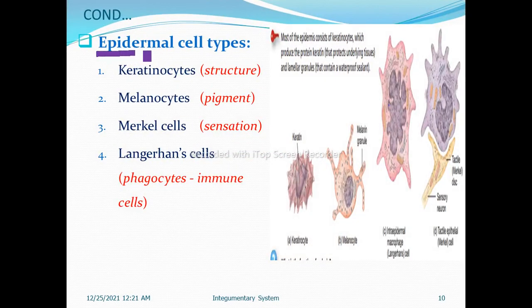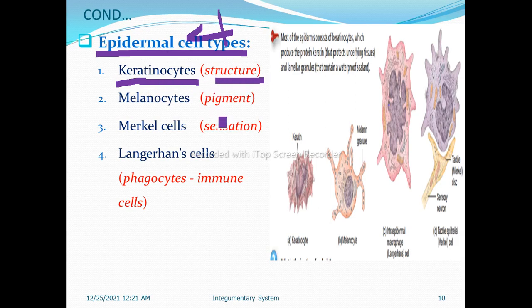So we will have epidermal cell types. As I told you, 4 types of cells. The first cell is the keratinocyte, which is used to maintain the structure of the skin. The second type of cell is melanocytes, or pigment cells.